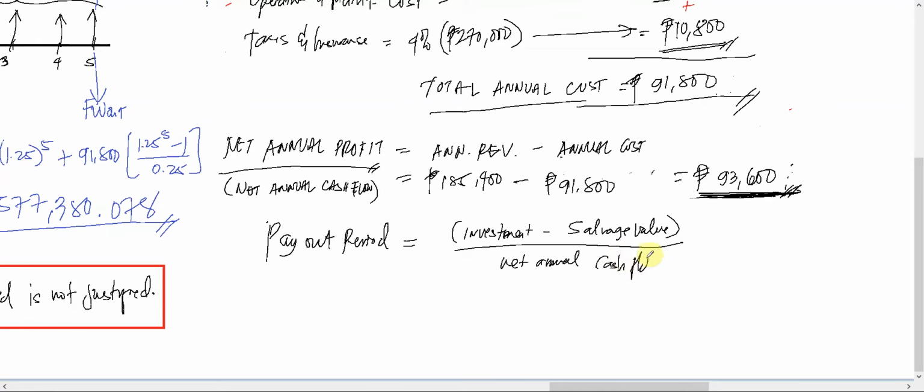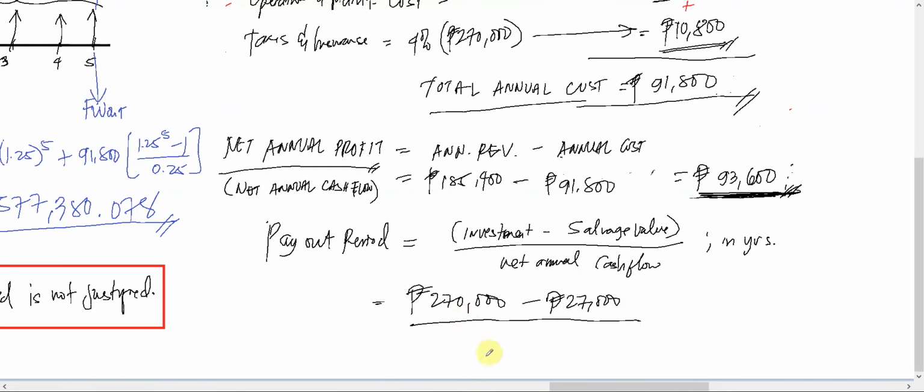In years na to, no? Naka-years na siya. So, substitute lang natin dyan. Investment natin, 270,000. And yung salvage, 10%, that is 27,000 pesos, all over the net annual cash flow is 93,600.